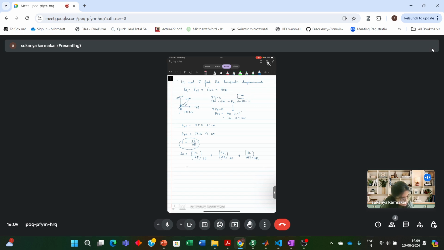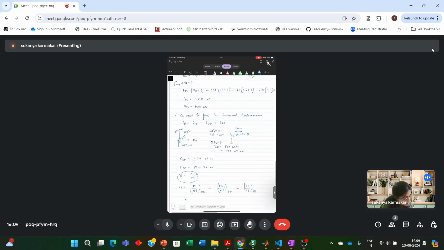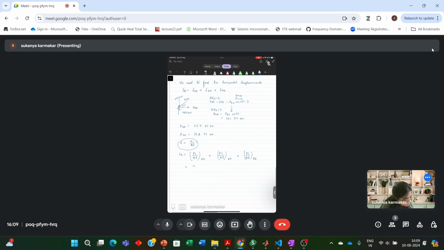So this is equal to, since the length of all the members is 4.6 meters, so 4.6 into 10 to the power 3 mm. Area is 3250 mm square, and the value of E is 207 GPa.